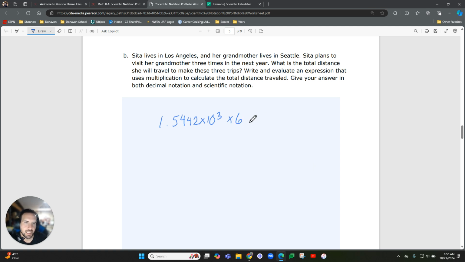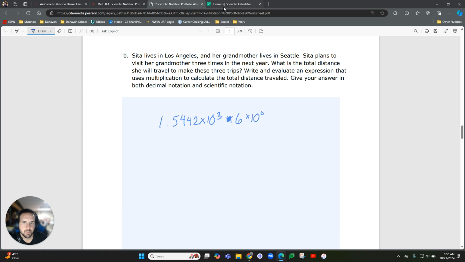Okay? In this case, if you want to put it in scientific notation, it'd be 6 times 10 to the 0 power, because she's doing it 6 times, and times 10 to the 0 is literally just times 1. So 6 times 1 is literally just 6. Okay, so I'm going to make this one this dot for multiplication. Now we multiply the coefficients.